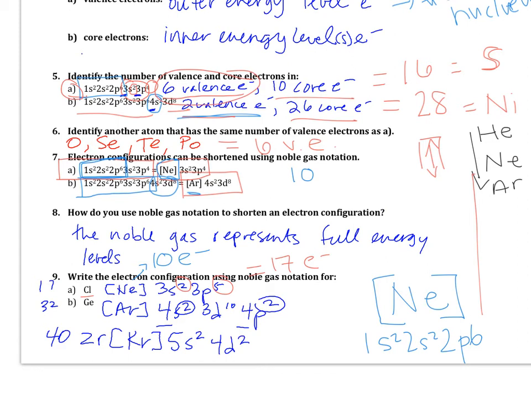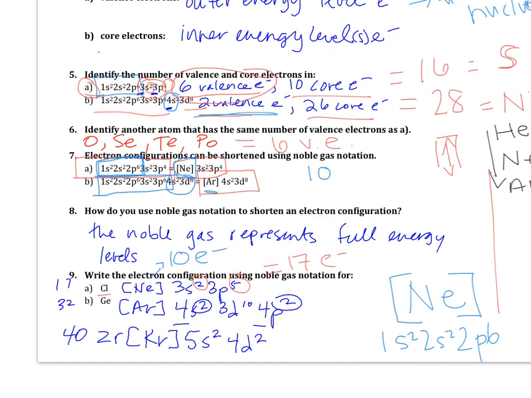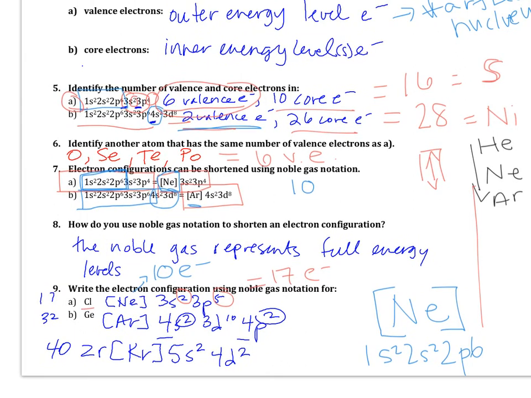In the next example, I'm going to take a look at germanium. Again, I'm going to find it on the periodic table. It has an atomic number of 32. I locate it on the periodic table, and directly behind it is argon. So my noble gas configuration is going to start with argon.